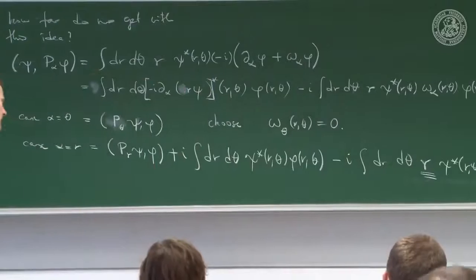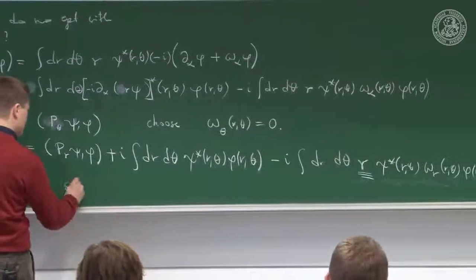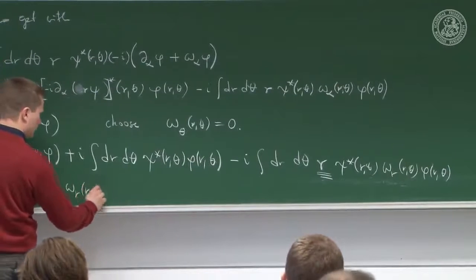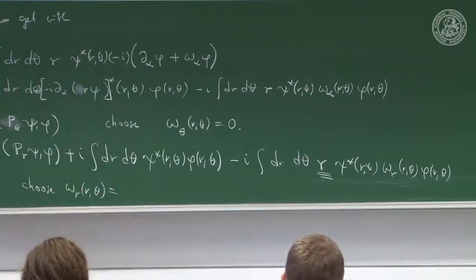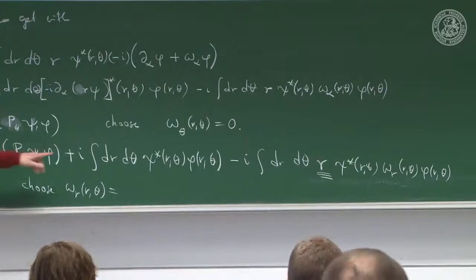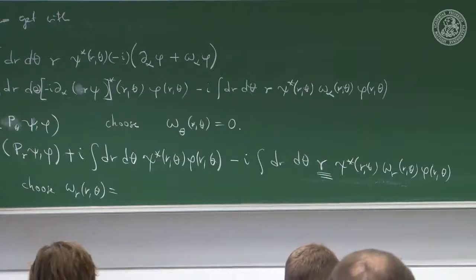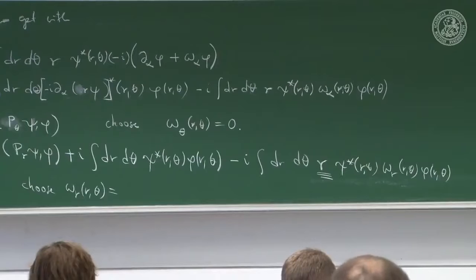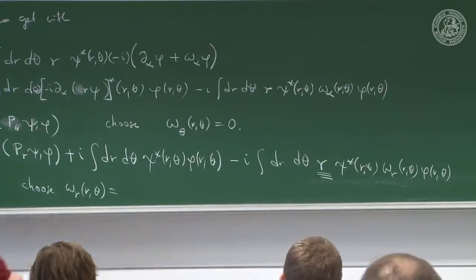Now, it doesn't take a big genius to see how to choose omega r to make this work. Namely, omega r needs to be chosen in order for these two terms to cancel. One over r, or not?